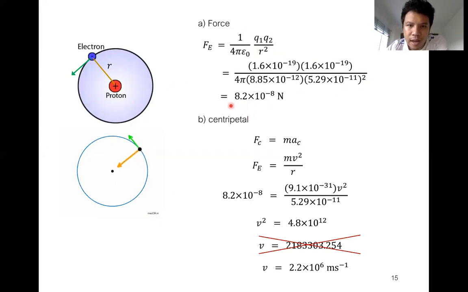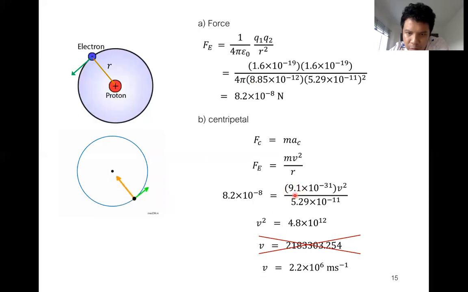Then we take the force Fe, the electric force between the proton and electron, to be the centripetal force. From the centripetal force, the acceleration a_c towards the center, or m v squared over r, we make it equal to the Fe that we calculated earlier. Then we can work out the problem to find v.